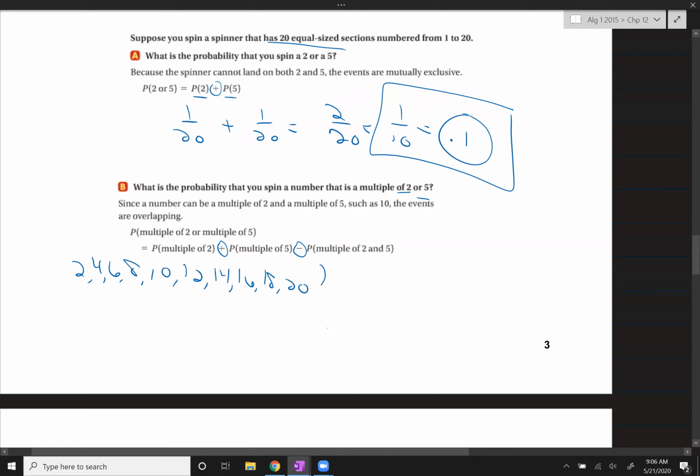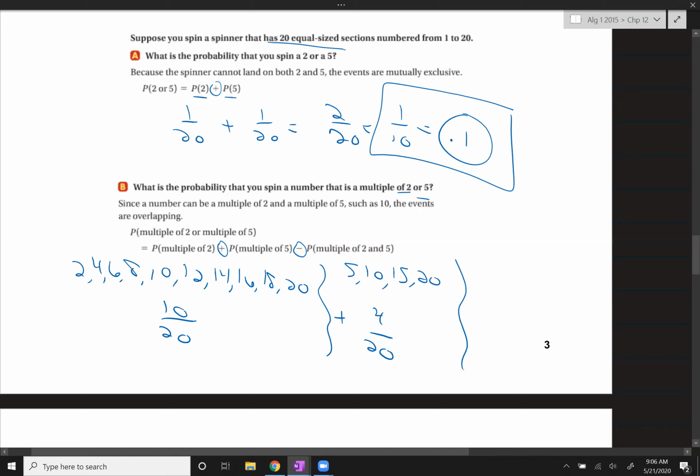Those are my first ones. So that's 10 out of 20, plus multiples of 5: 5, 10, 15. That's 3 out of 20. Oh my goodness, we forgot 20. That makes it 4.